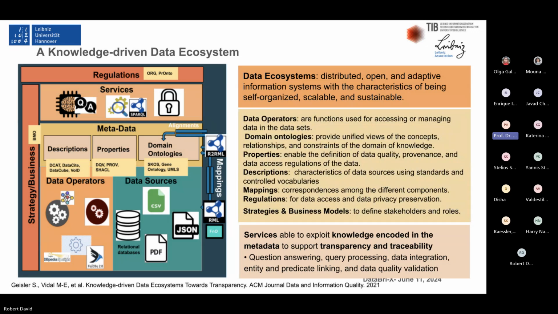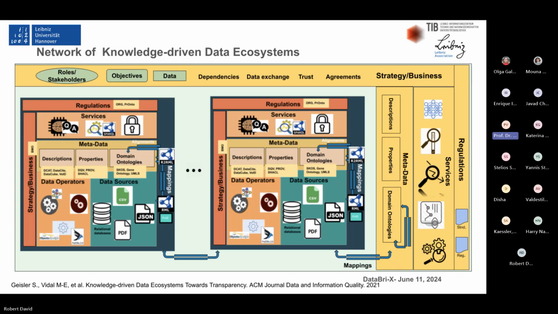Okay, what is very important is that we provide services for creating this knowledge graph, for example, but also to enable the access of this data and the discovery of knowledge on top of these data structures that we call knowledge graph. So please, the next one. These knowledge-driven ecosystems are also connected.